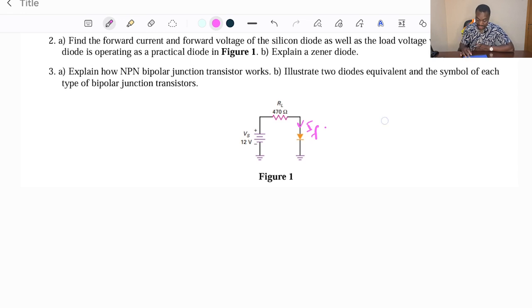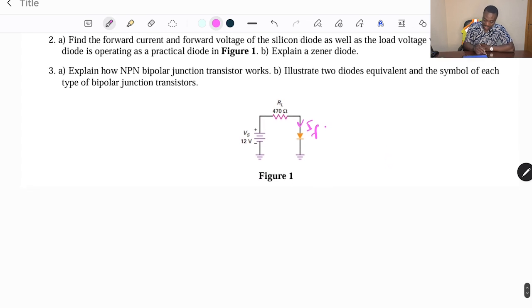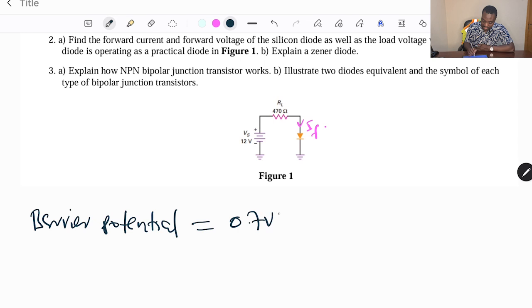So we look at the circuit diagram. You can see that here we have a voltage source of 12 volts. And because it's a silicon diode, the barrier potential is going to be equal to 0.7 volts.